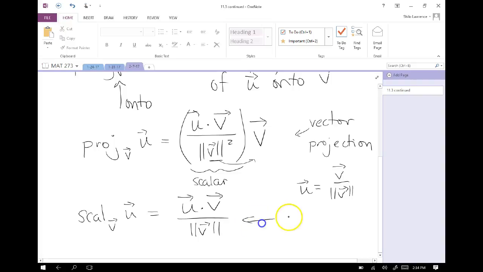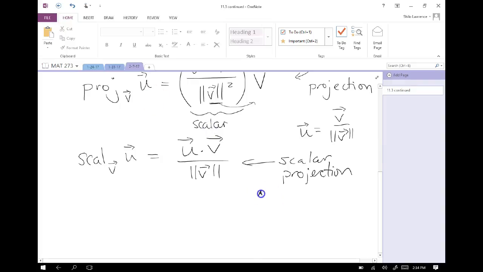And this is called the scalar projection. And the scalar projection is just the magnitude of the vector projection. We might not care what direction it's pointing in, we just want to know what the value is.